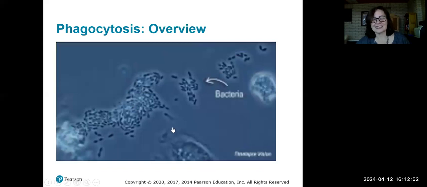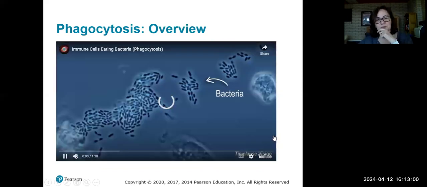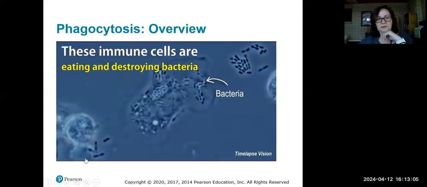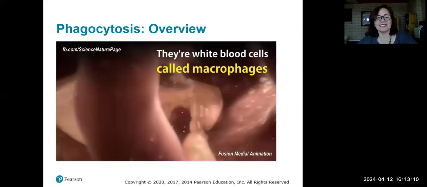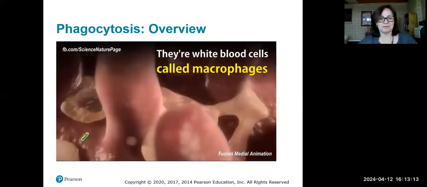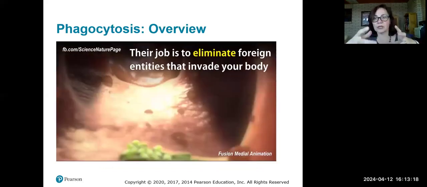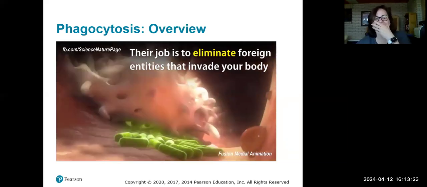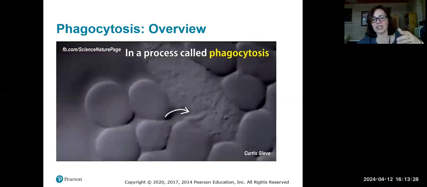Next slide. Okay, so here's a little bit of footage. Just savage. So this is just an animation, but the idea is that these giant macrophages are rolling around, going after bacteria in our bodies. Okay, so this is actually a light microscope.